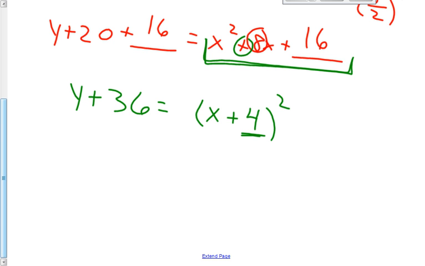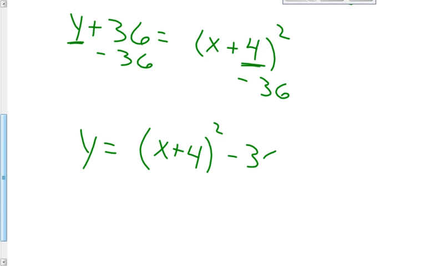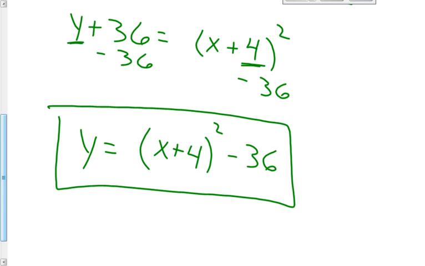Last thing, to put it into vertex form rather, we got to get y all by itself, so let's subtract 36. So our answer is y equals the quantity x plus 4 quantity squared minus 36. There is our answer for problem number 1.